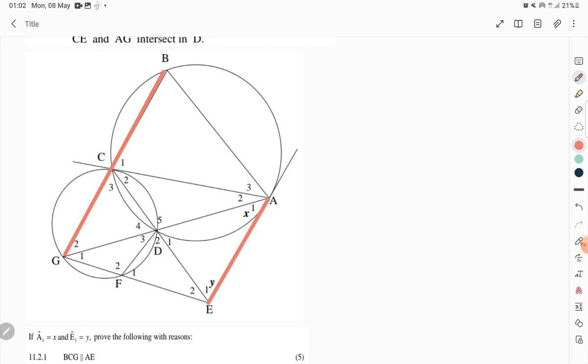Or one may think of using this angle and this angle, provided that CA is viewed as a transversal line. Or we have this one and that one as another option, where GA is viewed as a transversal line, so that we have a Z shape.